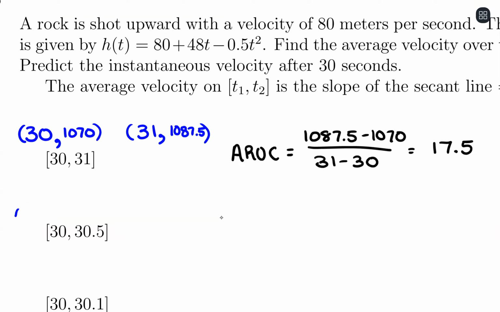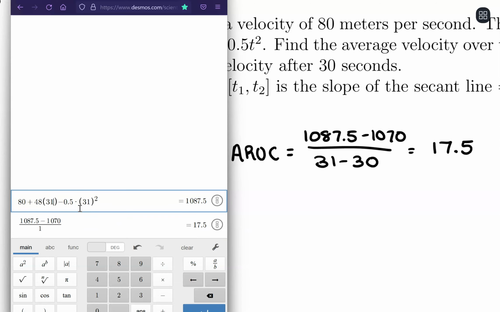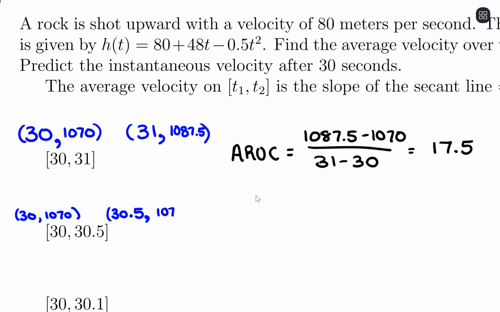Now I want to do the same thing, still at 30, 1070 for one coordinate, but now I'm going to change the x coordinate. 31 is just a bit too far away, so we want to scoot closer to 30. I'm going to use an input of 30.5. To get that y coordinate, I'll go back to where I had plugged in 31 and change that to 30.5. That's 1078.875. I'll try to keep that as accurate as possible, because the more decimal places we plug in, the better.